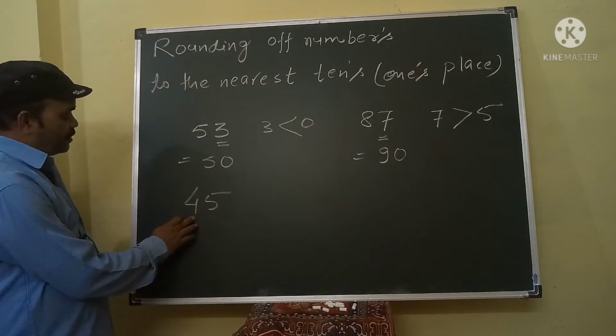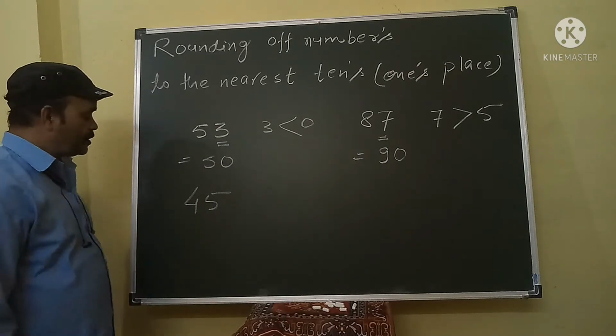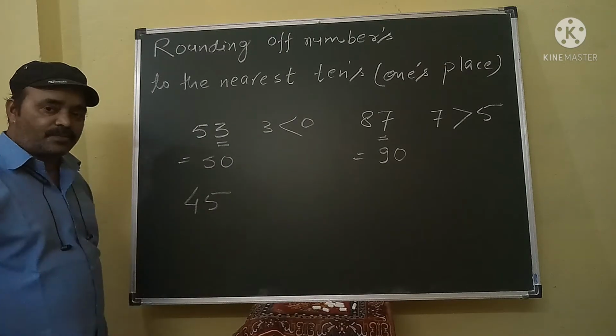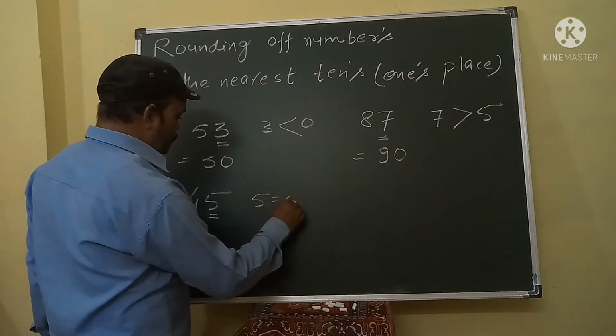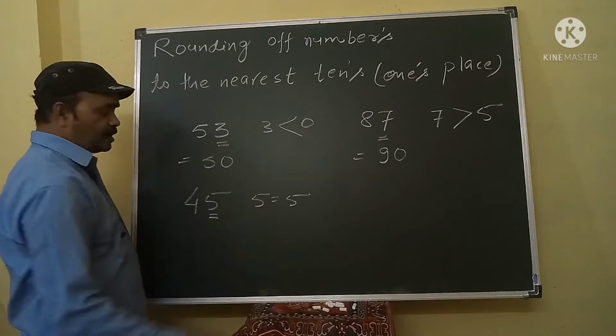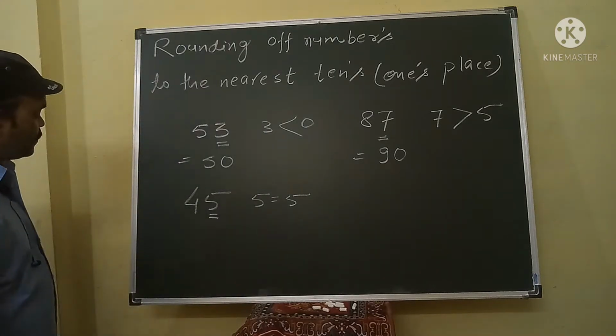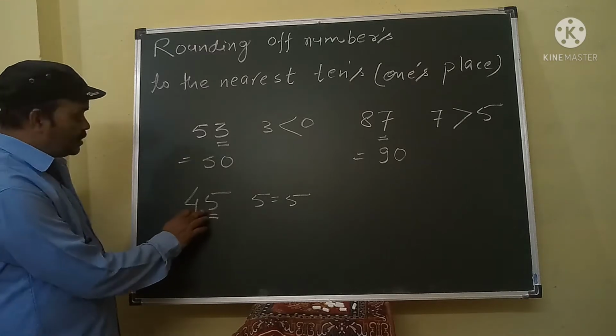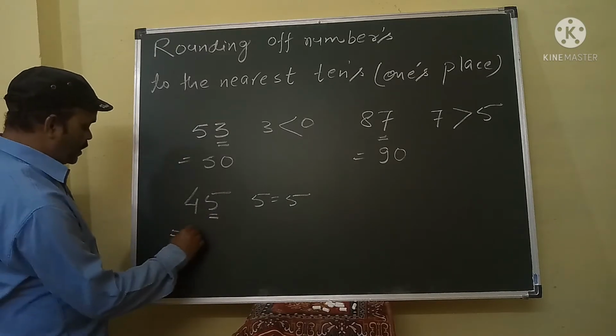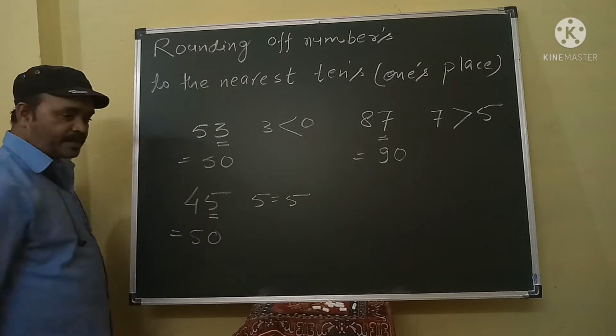In 45, the ones place digit is 5, and 5 is equal to 5. Therefore, in that condition rounding of 45 is 50.